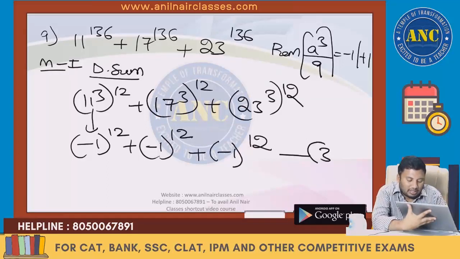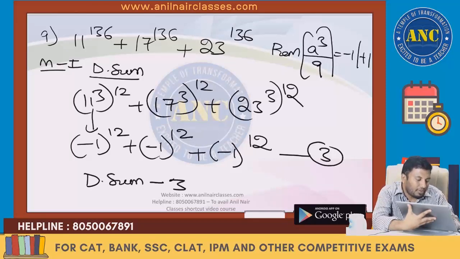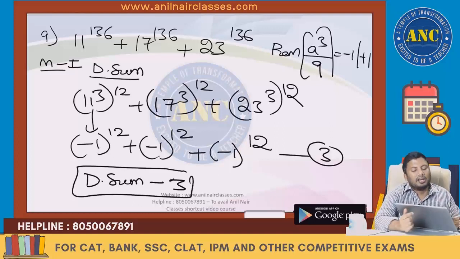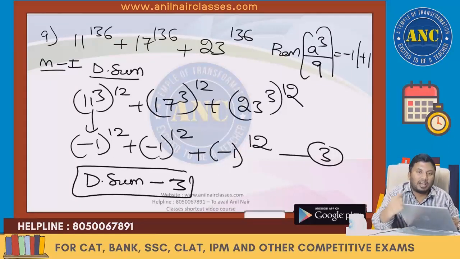Answer digital sum should be 3. Most of the students will not solve this question, but it's an easy question. Digital sum is 3. I hope the idea is clear.